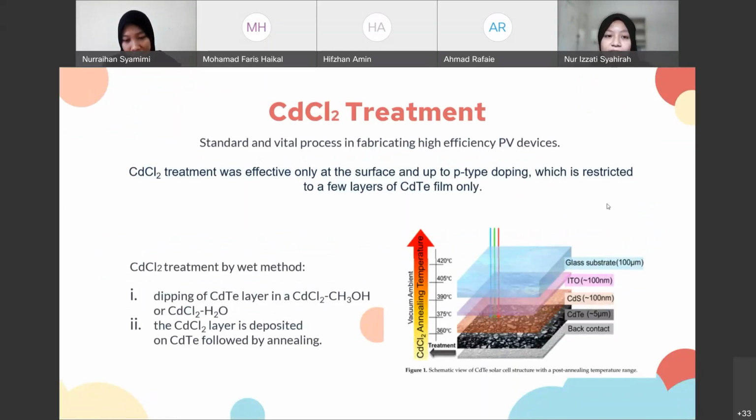Cadmium chloride treatment is a standard and vital process in fabricating high-efficiency photovoltaic devices. This treatment by the wet method involves two processes. The first is dipping the cadmium telluride layer in cadmium chloride methanol or cadmium chloride water. Next, the cadmium chloride layer is deposited on the cadmium telluride, followed by annealing.